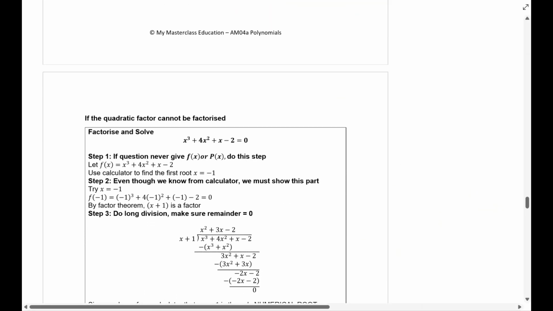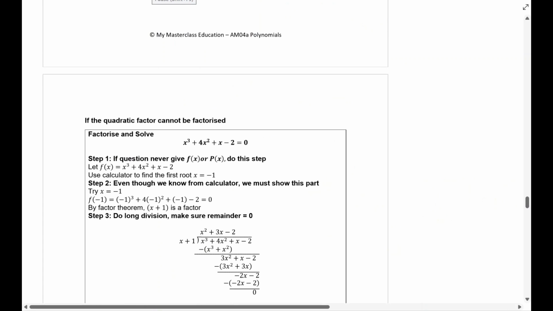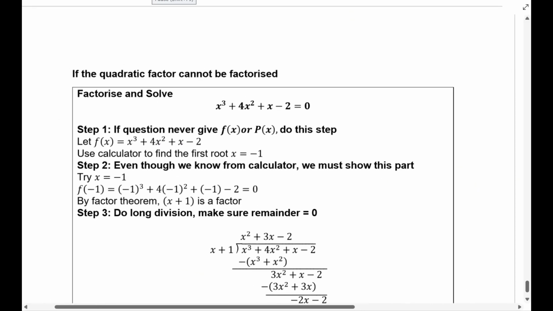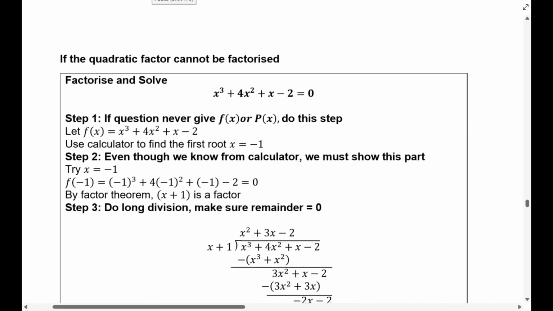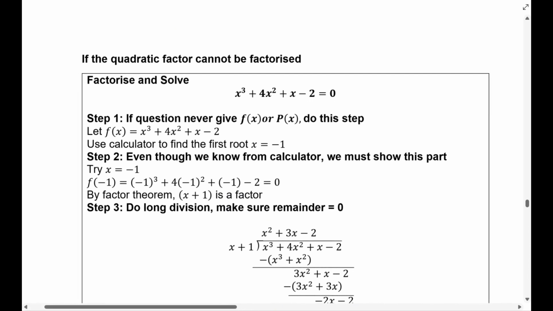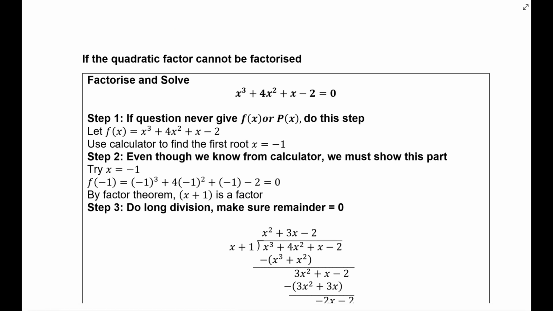Okay, now the next part is if the quadratic factor that you get cannot be factorized or further factorized. So let's look at this example again. We have this polynomial x cubed plus 4x squared plus x minus 2 equals 0. So step 1, if the question never represents your polynomial as f(x) or p(x), we must do this step.